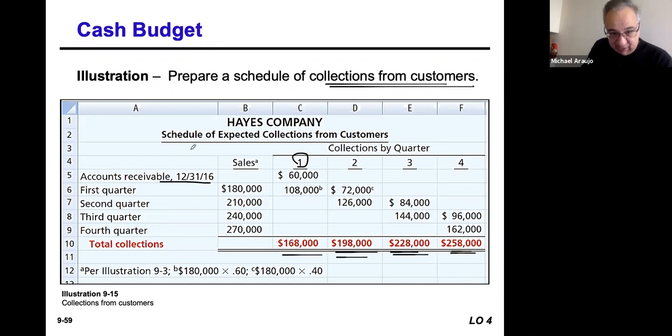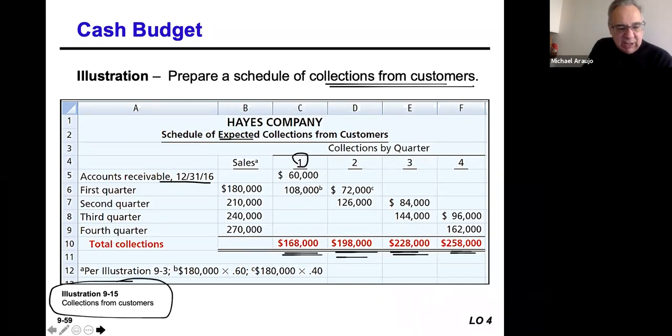That's what you expect anyway, expected collections. This is what you're budgeted for in terms of the amount of cash you're collecting. So are you okay reading this? Okay, that's important. So that's the beginning. That's illustration 9-15.